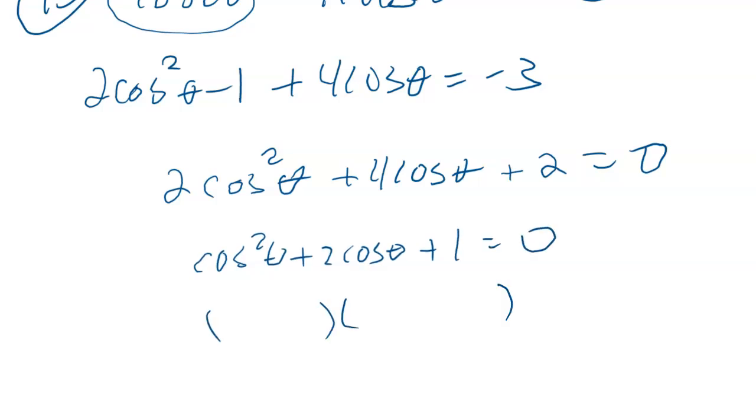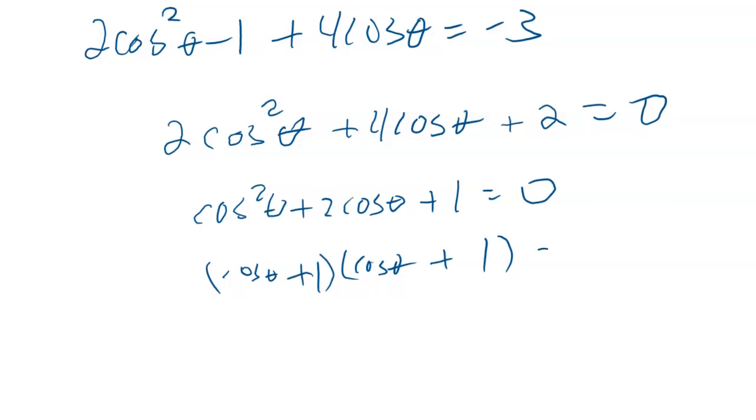Factor this bad boy out. So you get cosine theta plus 1, cosine theta plus 1. I believe that does work. You'll get the 2 cosine theta in the middle. Set this equal to 0. When is cosine theta equal to -1? That's when theta is equal to pi. When does that happen again? Actually, careful. We need -1.